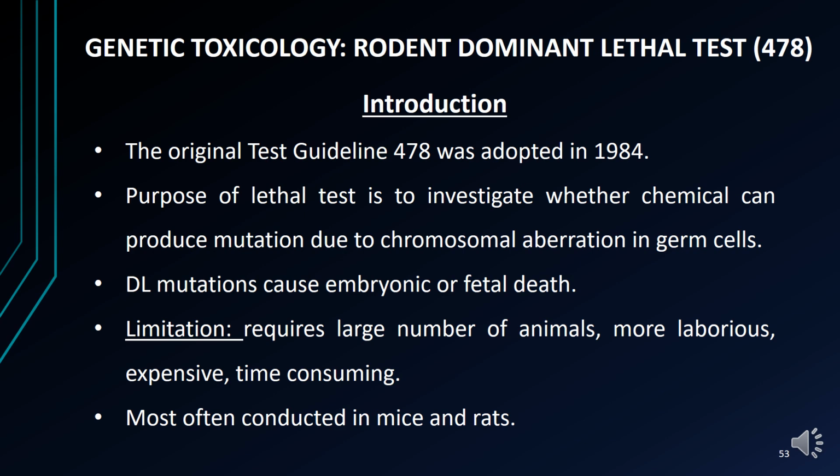Dominant lethal mutation causes embryonic or fetal death. A limitation of this test is that it requires a large number of animals, and it is a laborious, expensive and time consuming process. This test is most often conducted in mice and rats.